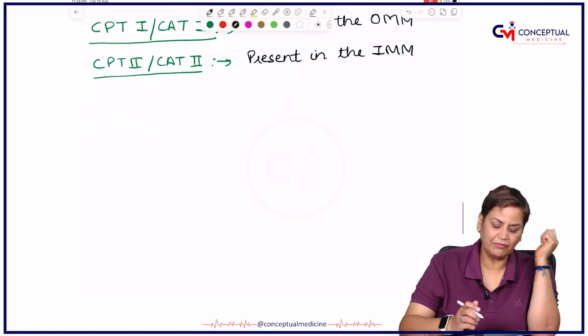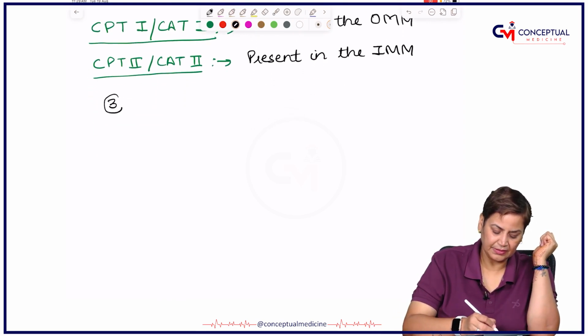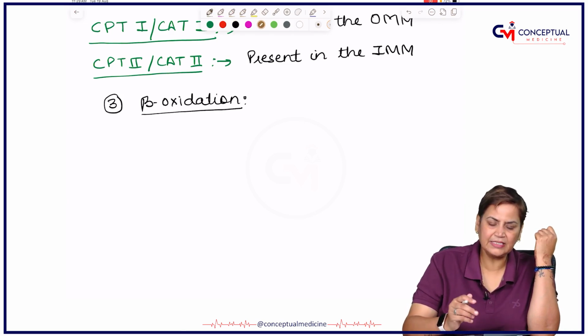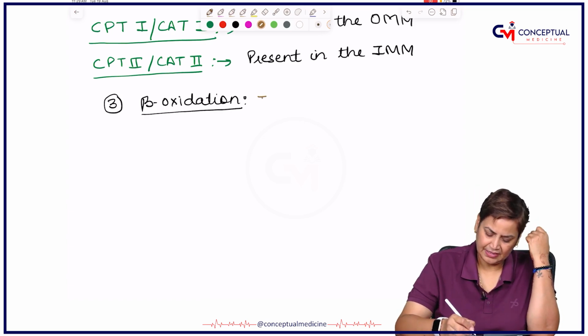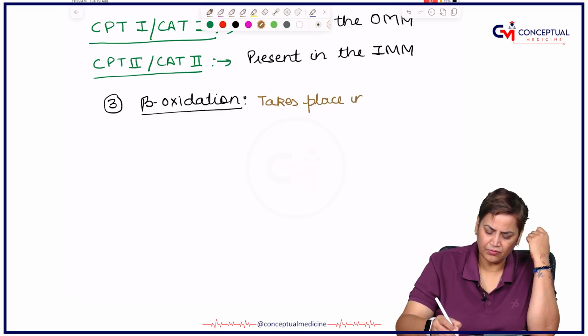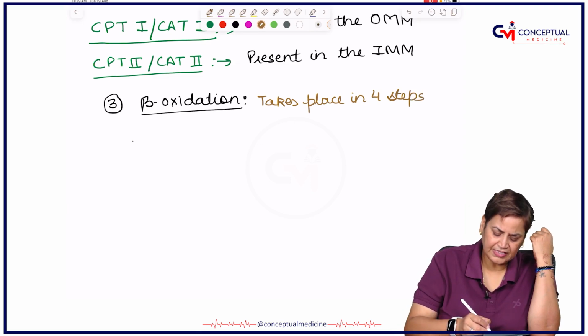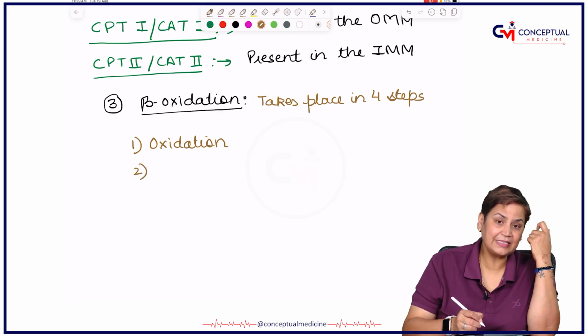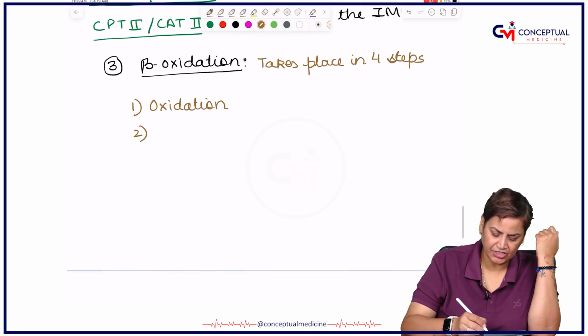Then we come over to the final step, which is the third step. Third step is beta oxidation. Now, whenever we talk about beta oxidation, it takes place in 4 steps. First step is oxidation. Second step is addition of water, which is hydration.